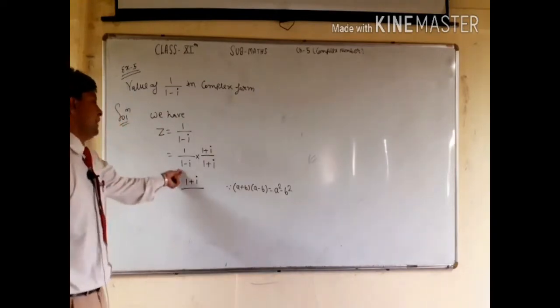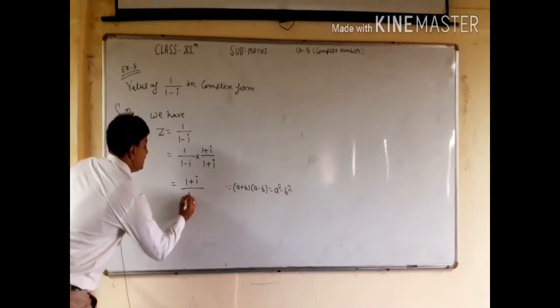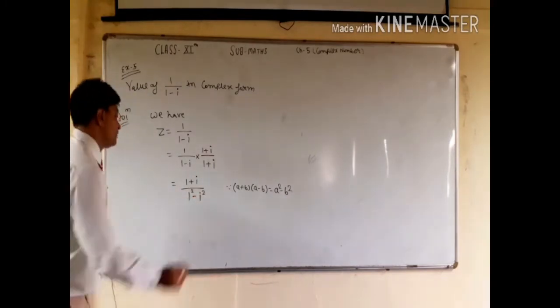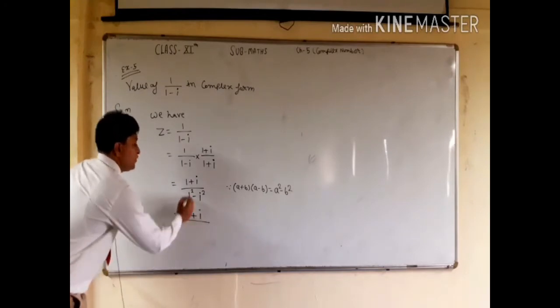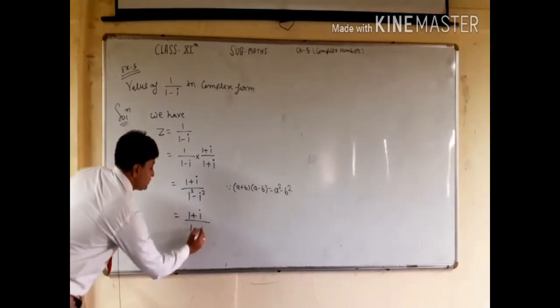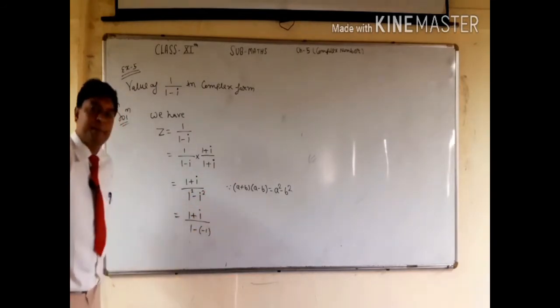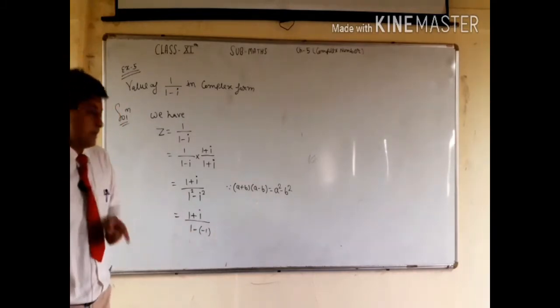So this is a and this is b. So 1 square minus iota square. So this is 1 plus iota. 1 square is equal to 1 and iota square is equal to minus 1. So minus minus is equal to plus.